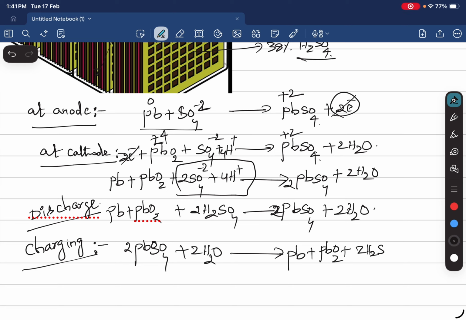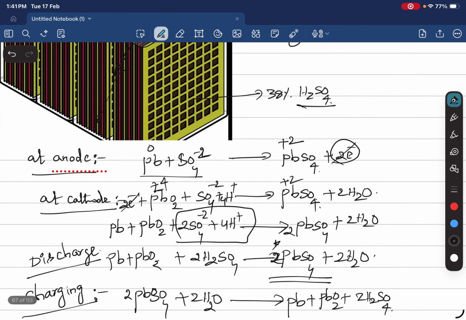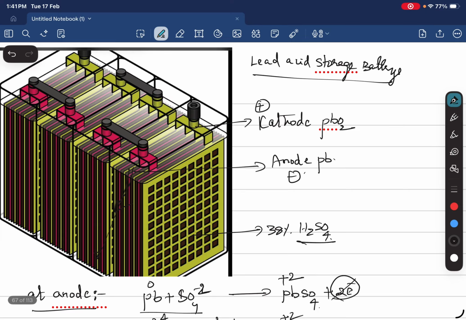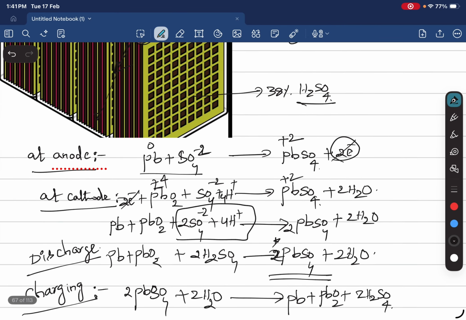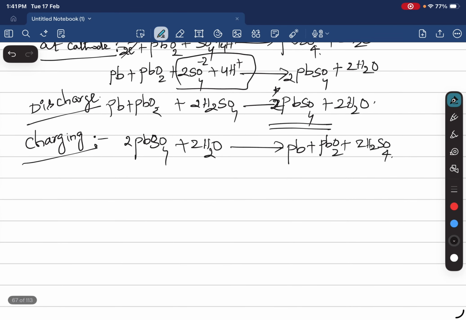Questions are frequently asked: what is the product during discharge? It means PbSO4. What are the products during charging is also important. So these are the reactions during discharge and during charging for the lead acid storage battery. This is a secondary battery which can be reused and recharged again. Coming to the next, the nickel cadmium battery.